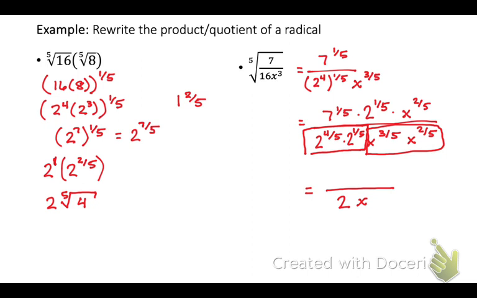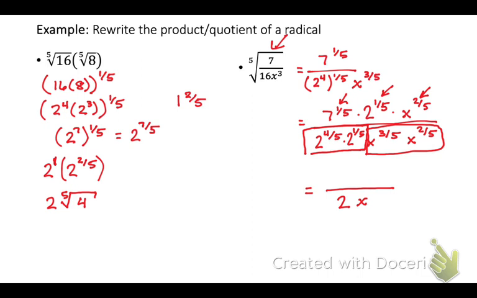Now the numerator. We do not have anything that is going to come out of the radical. How do I know that? Look at your powers. This is a radical sign right there. Do you have any numerator that is greater than 5? No. So is anything going to come out of the fifth root?